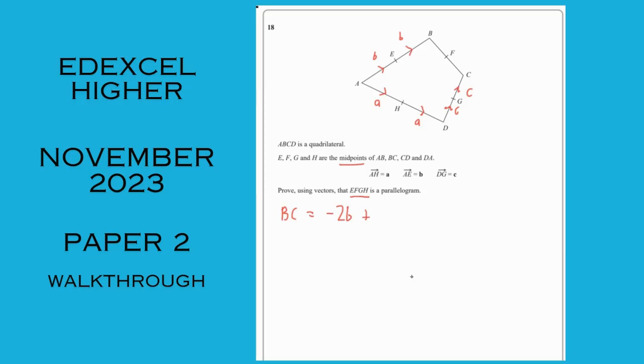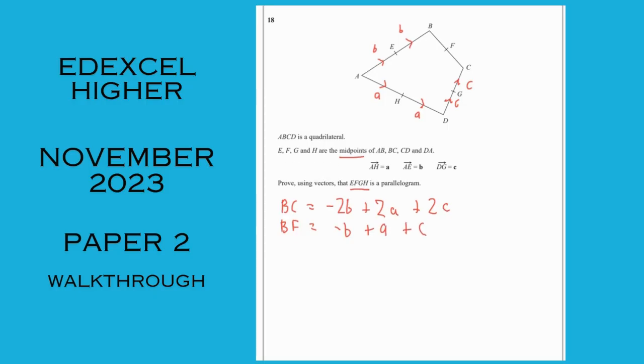It's with 2 A's. And it's with 2 C's. And we can also make the statement, therefore, that half of that, so if we need it, B to F is minus B plus A plus C.